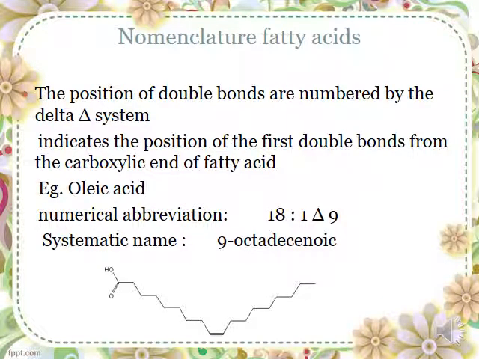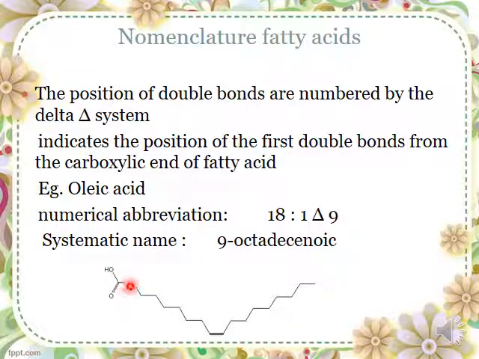Therefore, to know the position of the double bond, we use the delta system, indicated by this triangle symbol. For example, oleic acid, which is the common or commercial name. The systematic name is 9-octadecenoic acid. So 9 is the position of the double bond from the carboxylic end, at carbon 9.